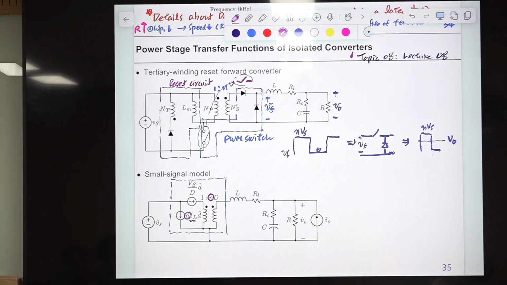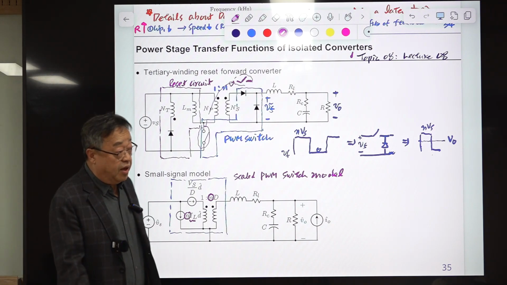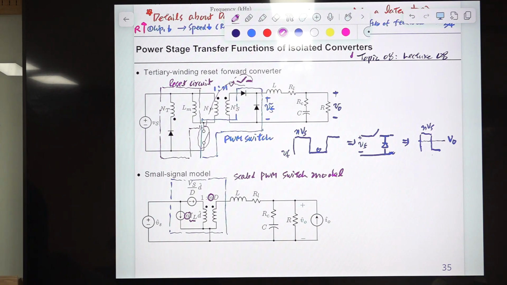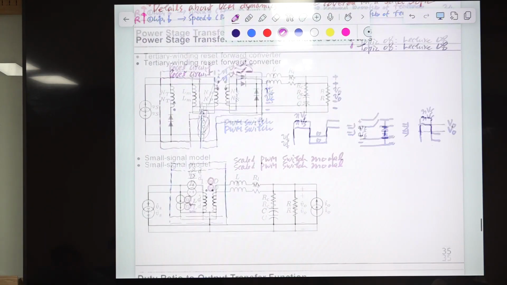Some people call it the scaled PWM switch model. Then the analysis of this circuit is practically the same as the previous case of the buck converter. So following the same procedure, you obtain this.